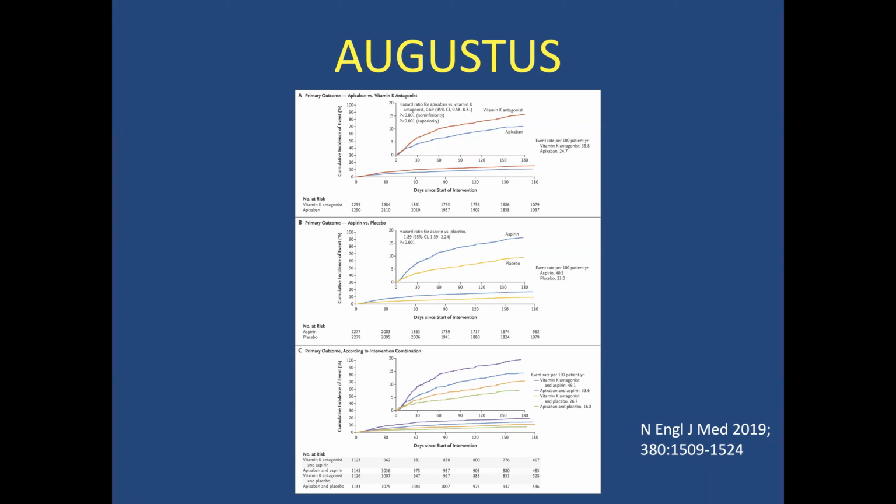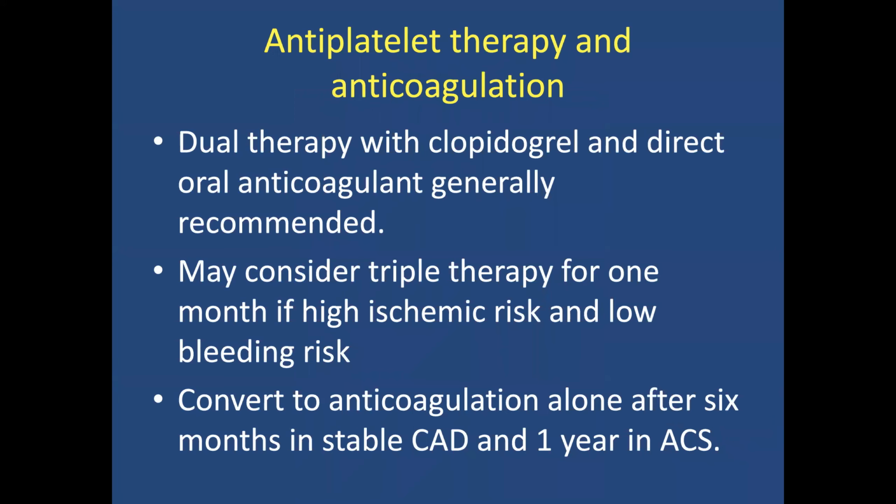I chose the AUGUSTUS trial because it did show a significantly decreased rate of bleeding with apixaban versus warfarin, and also a significantly decreased risk of bleeding with the withdrawal of aspirin versus the use of aspirin.